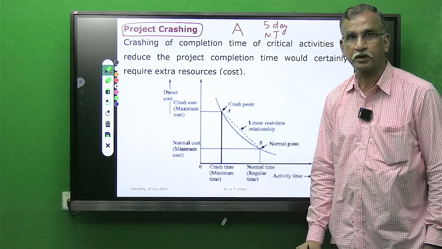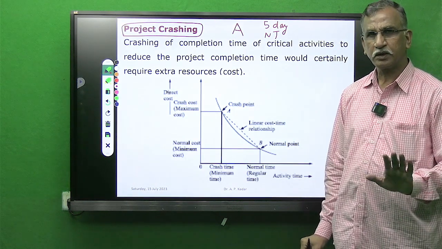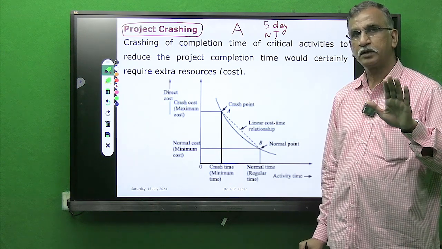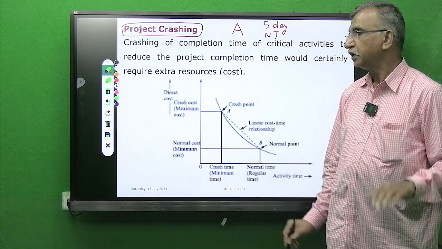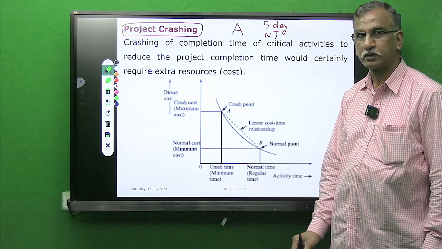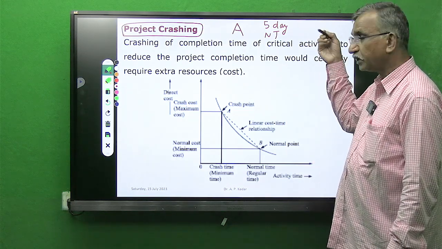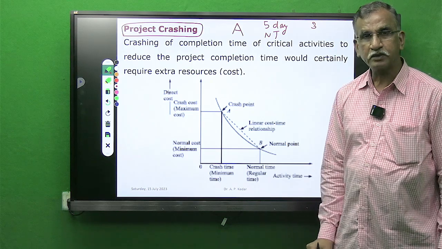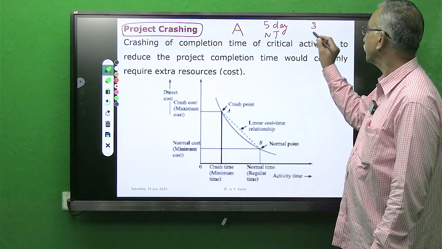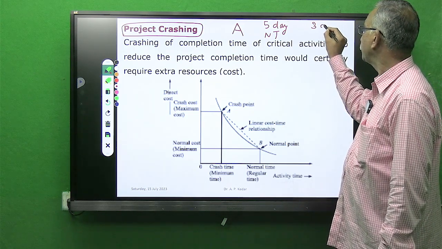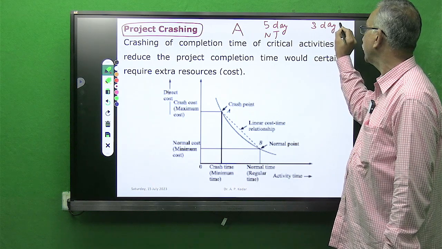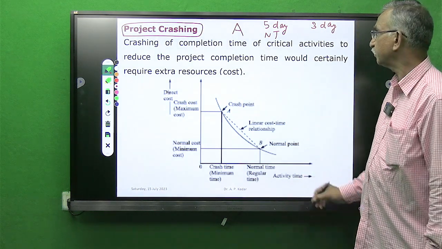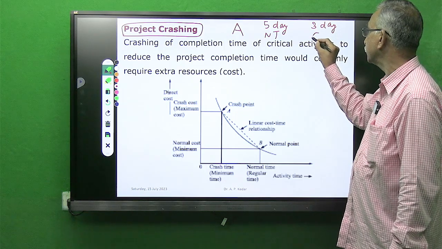If we perform it at a given pace, it will take 5 days. Now it may be possible that by applying some means we can finish activity A in 3 days.